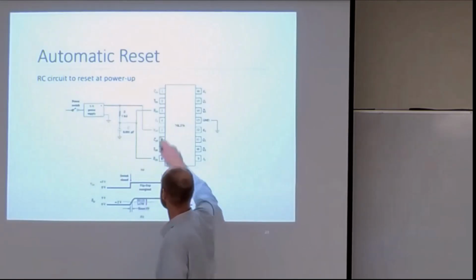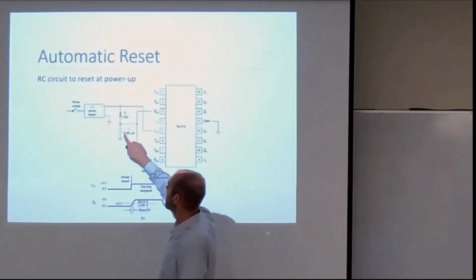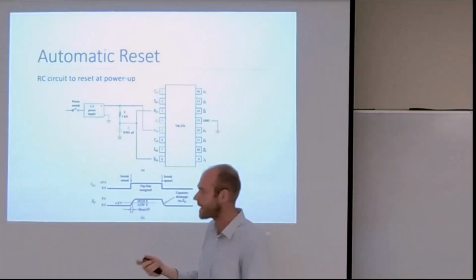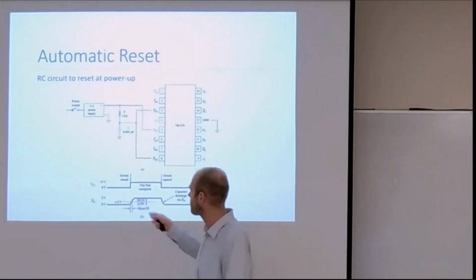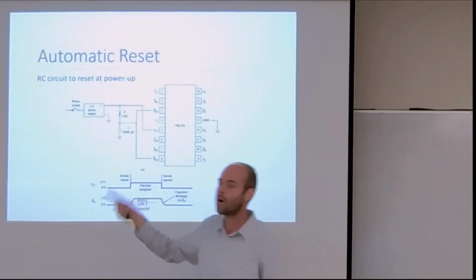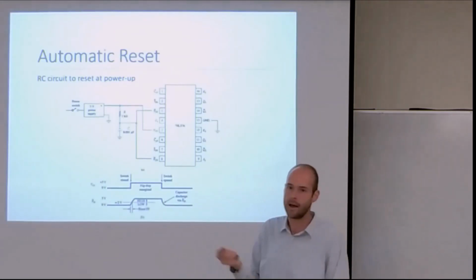So you get an initial active low off of this setup, and then once that capacitor charges up, you're now holding your resets high. And what that does is you just reset your system as soon as it powers on, and then you're no longer hitting the asynchronous reset once that capacitor charges up.